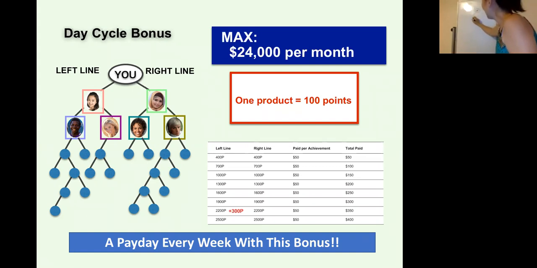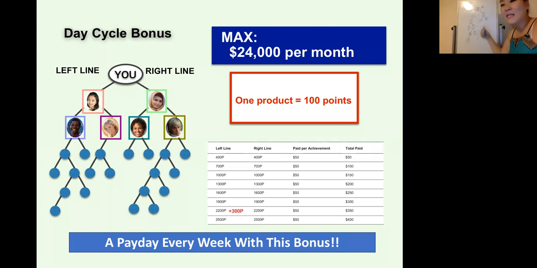And you have 1, 2, 3, 4, 5, 6, 7 people. Let's say you have 7 people on your left. And then on the right side, 1, 2, 3.